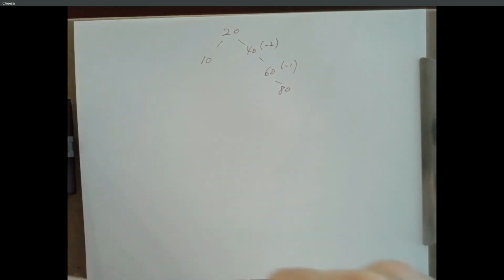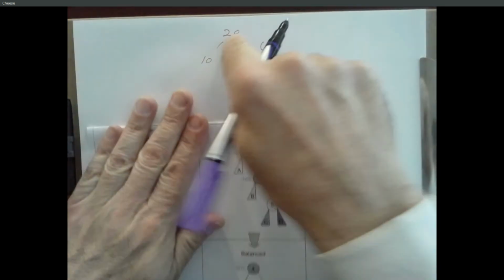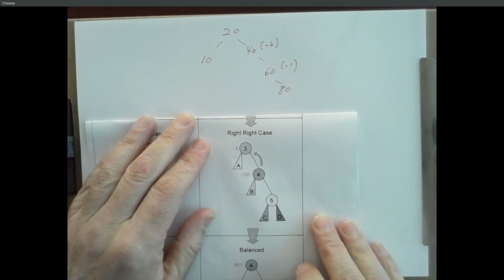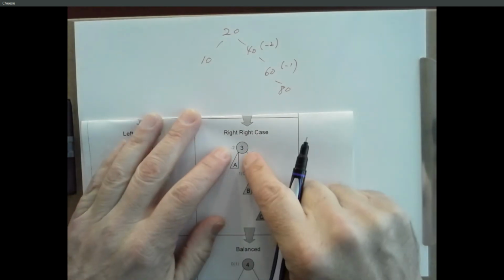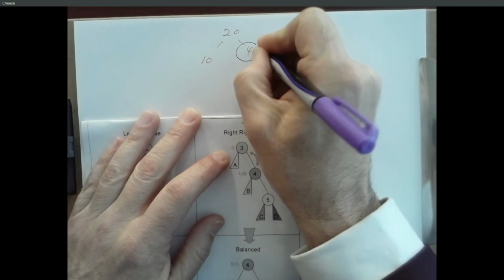All right, so -2, -1, that's the right-right case. And I'm going to label these to match the labelings in this diagram. So node 3 is the node that's off by -2. That's this node right here.